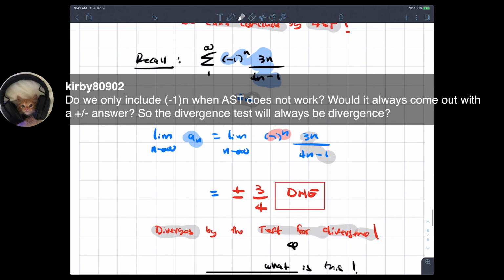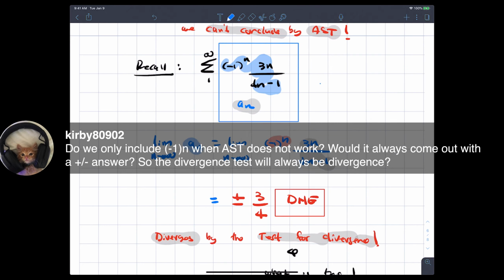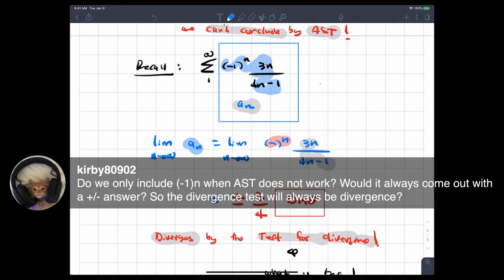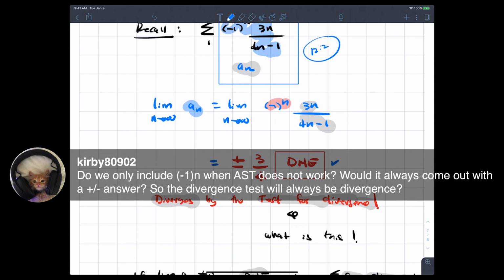Meaning, go back. If they gave you this portion in section 12.2, which has the test for divergence, this limit portion here, what we just showed, does not exist. So I would remove the phrase "only."